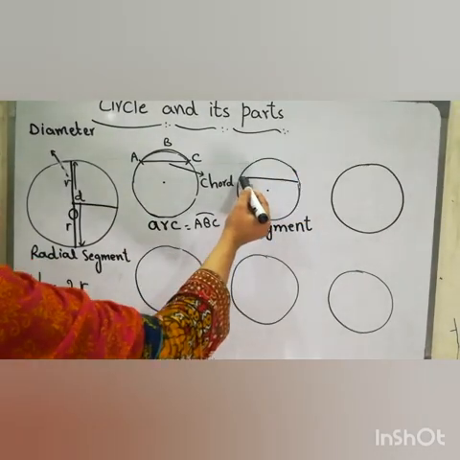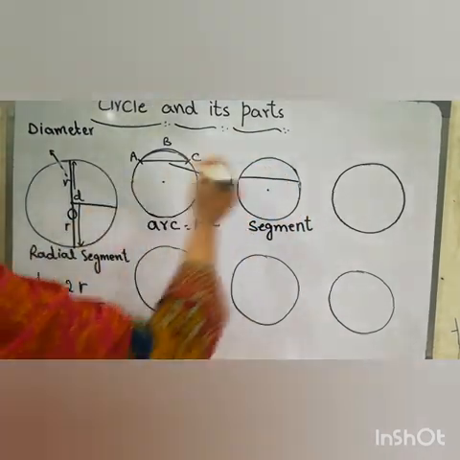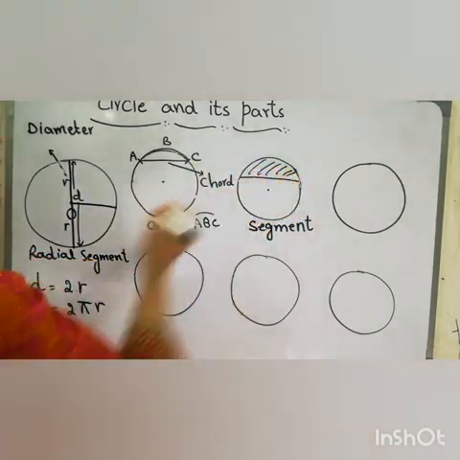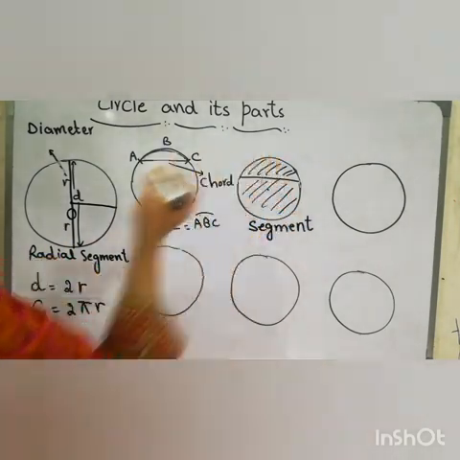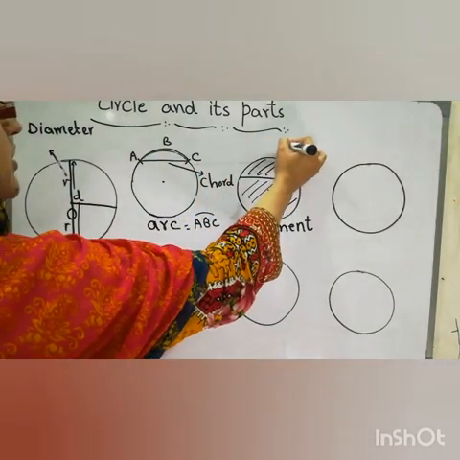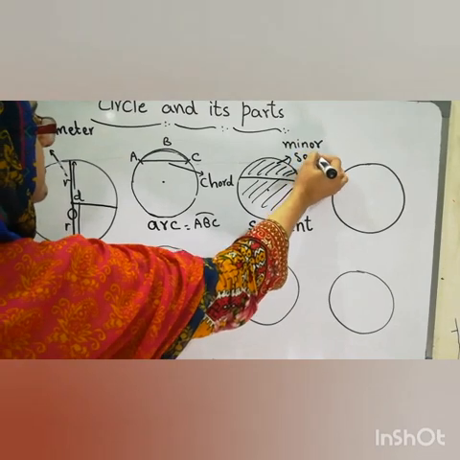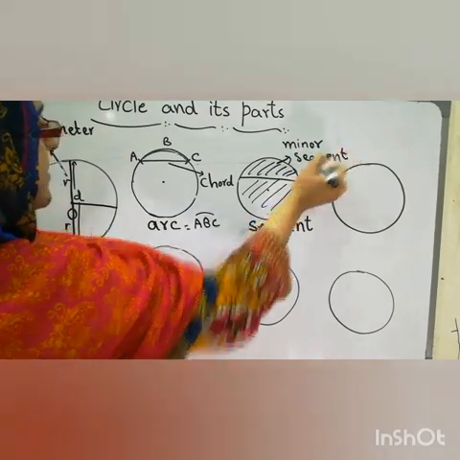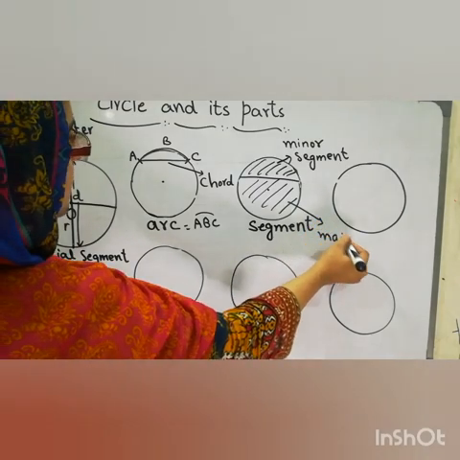This is an arc and this is a chord. Now the portion between them, like this portion, is known as a segment, and this portion is also known as a segment. This is the smaller portion, so this is the minor segment. And this is the bigger portion, so this is called the major segment.